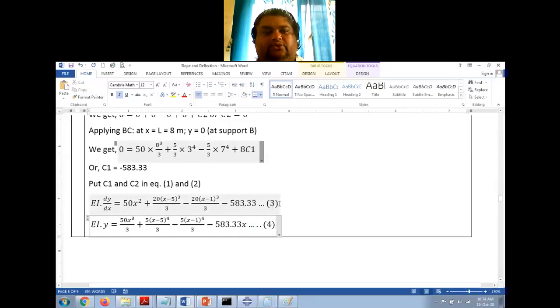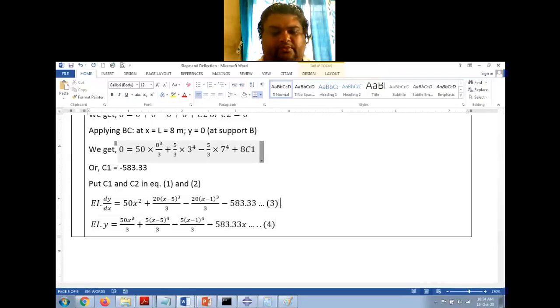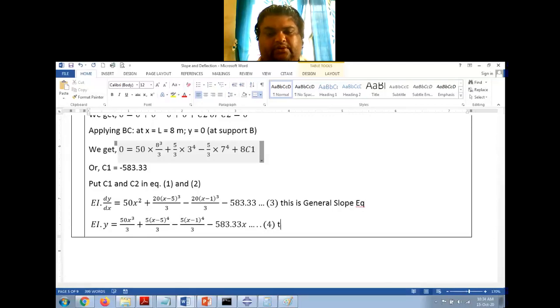Now this is the general slope equation, this is the general deflection equation.